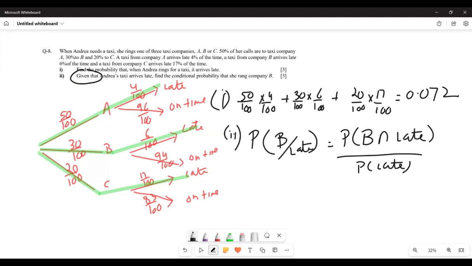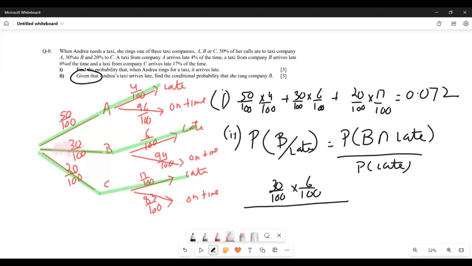So B and late is going to be 30 by 100 times 6 by 100 upon probability late. ये B and late मैंने यहाँ से लिया.